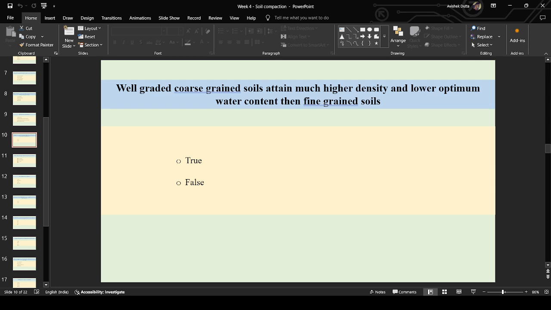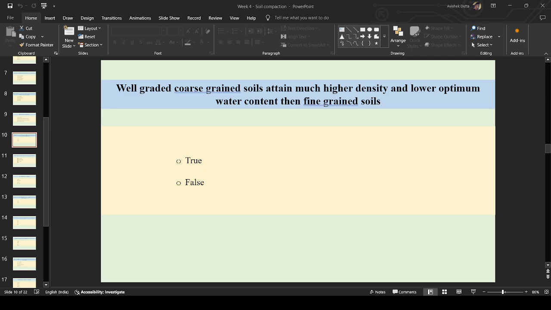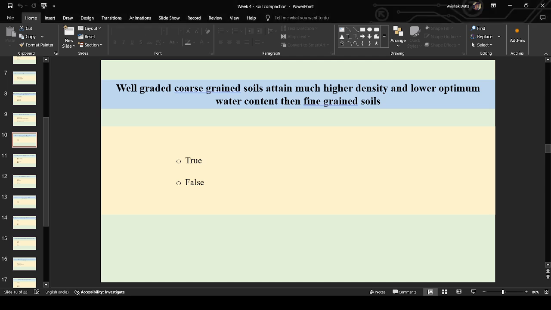Well graded coarse grained soils attain much higher density and lower optimum water content than fine grained soil. Is this statement true or false? Okay.